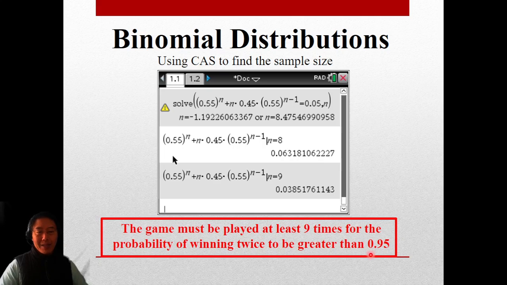That implies that the other probability, the complementary, will be greater than 0.95. And that's it for this exercise and the chapter, and I'll see you for the next chapter.